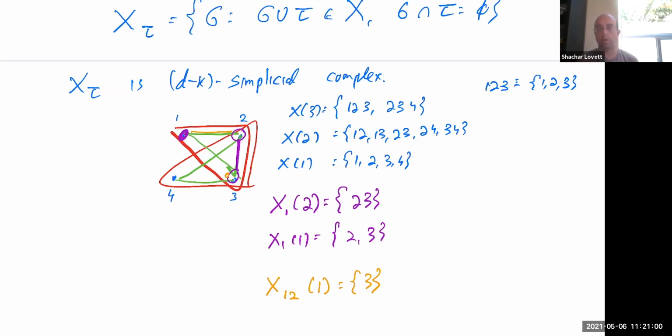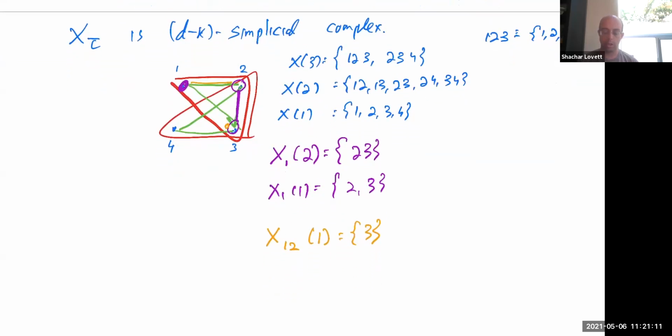So again, I think here you see both a visual way of thinking about it and also the combinatorial definition. Hopefully together they give you enough intuition about what's going on here. Maybe just to give another intuition, let's look at graphs. Standard graphs.